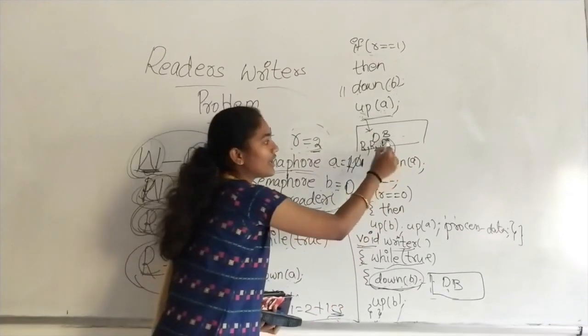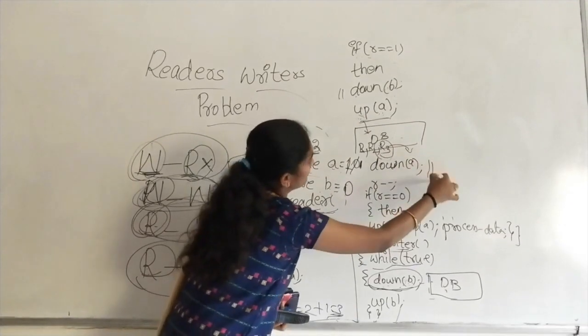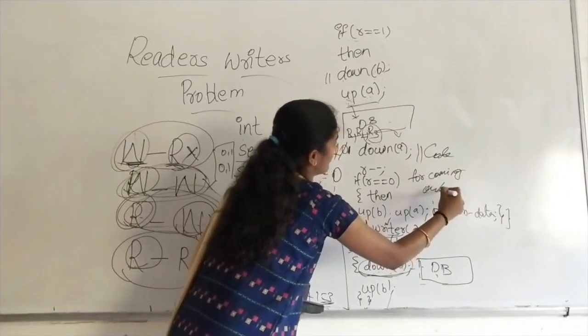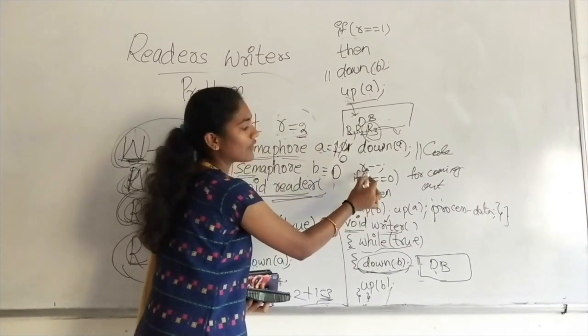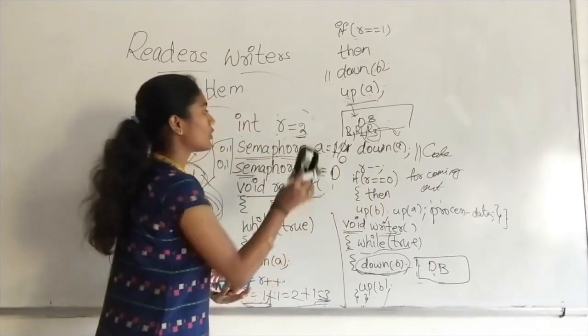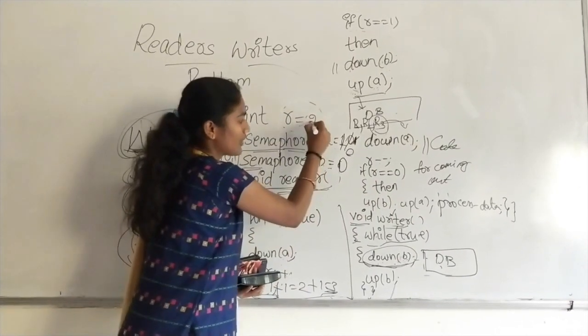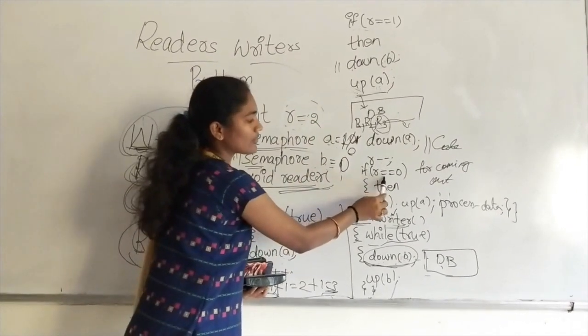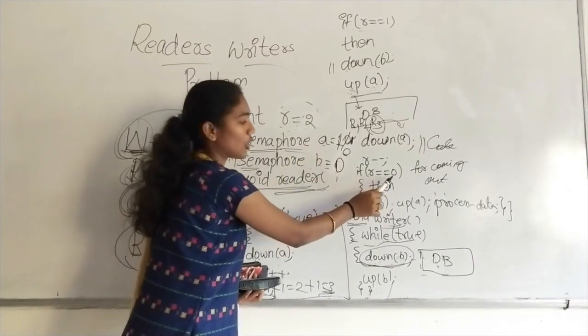Now if a reader wants to come out of the database, this code he has to follow. Decrement the value of a. Now the a value is 0 and r value will get decreased. So as we have 3, it decreases to 2. It will check whether r is equal to 0 or not.